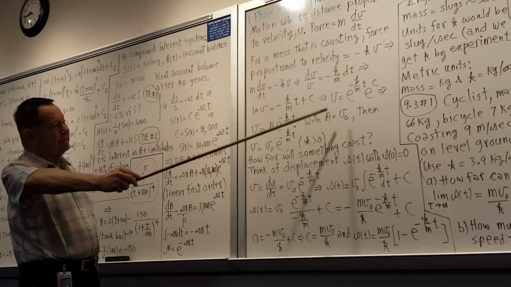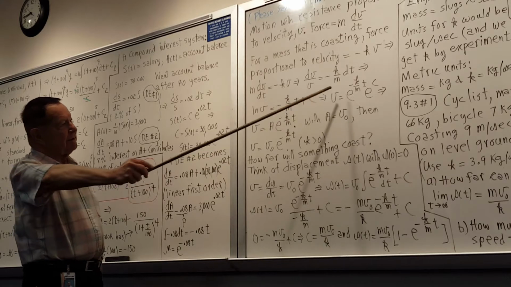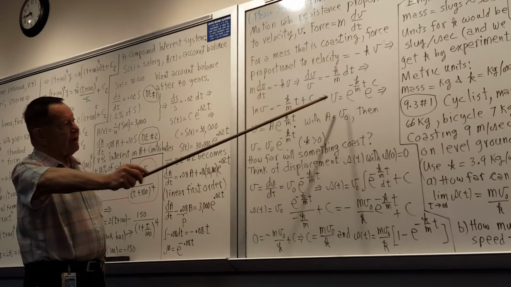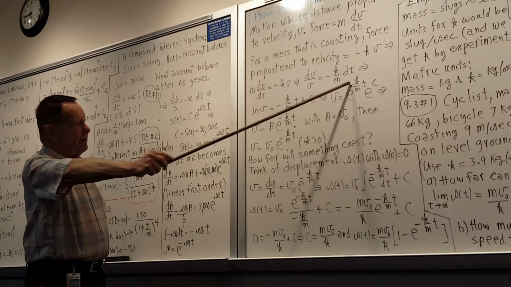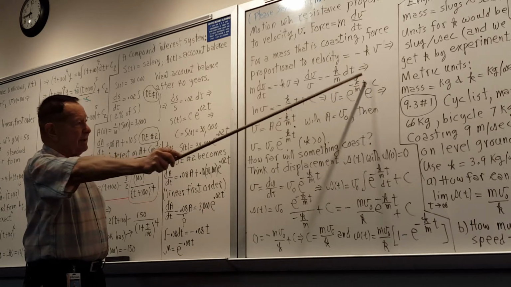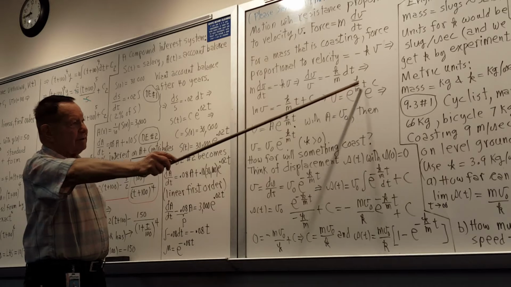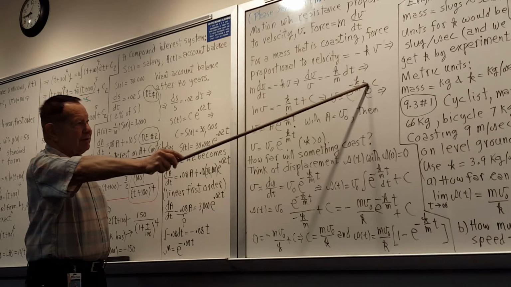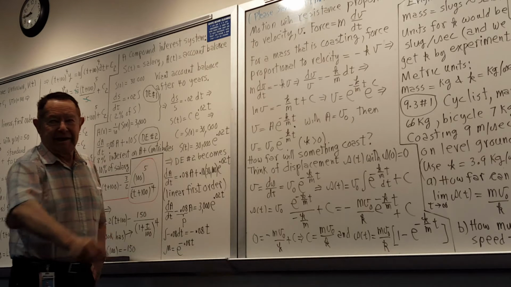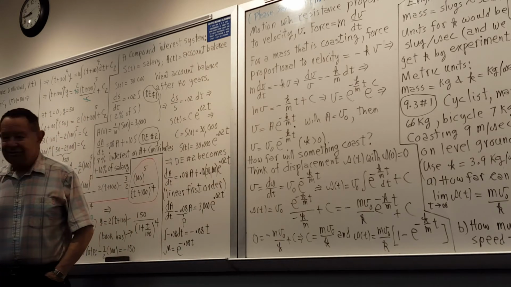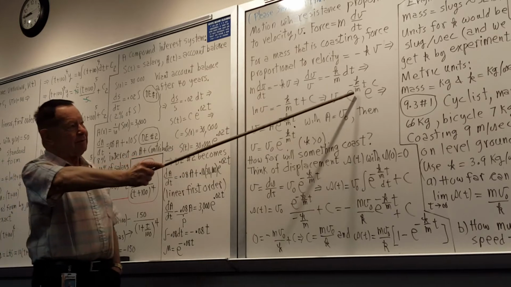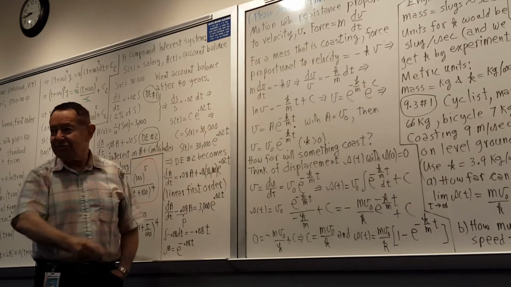And then you can factor the power. You have e to the minus k over m t plus constant, and when you have a sum or difference in the terms in the exponent position, you can write it as a product, because when you multiply powers of e, you add exponents.